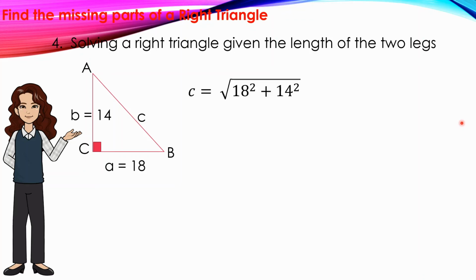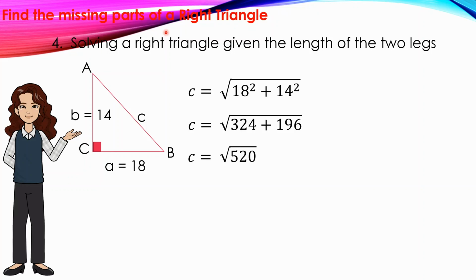So we're going to find first the side C. We're going to use the Pythagorean theorem. So we have C is equal to square root of 18 squared plus 14 squared. So we have 18 times 18 is 324 plus 14 times 14 is 196.